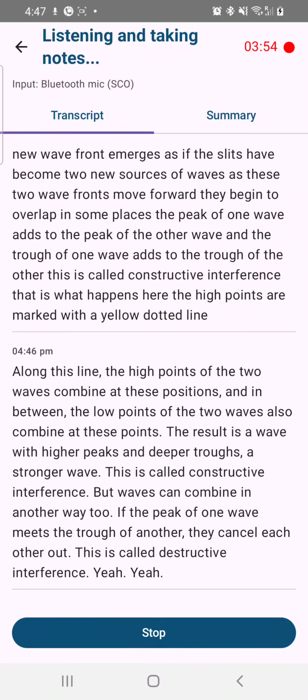And when these waves hit the back wall, they produce alternating regions, some where larger waves strike, and others where no waves reach at all. This is exactly what happens in the case of light as well.